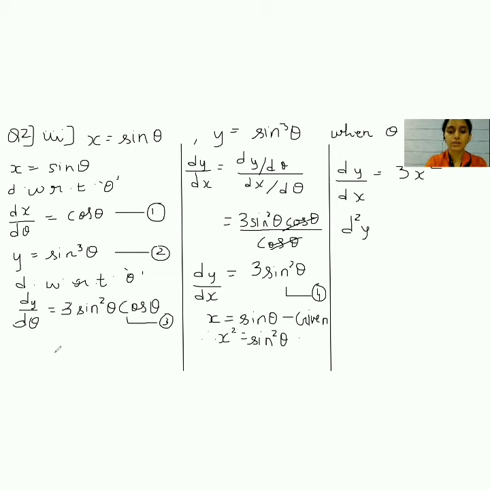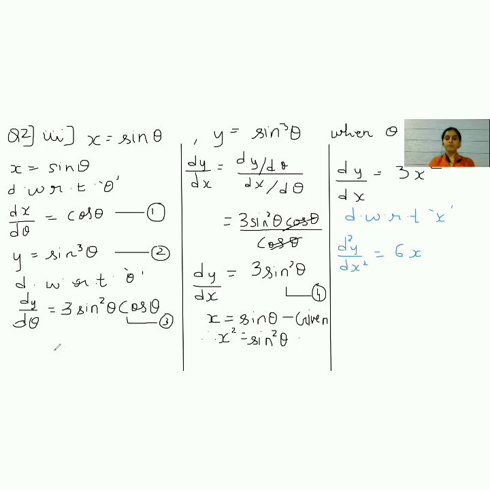So we'll write differentiate with respect to x in blue. So differentiate with respect to x again, that is the second derivative. So d2y by dx square is equal to 6x, right?